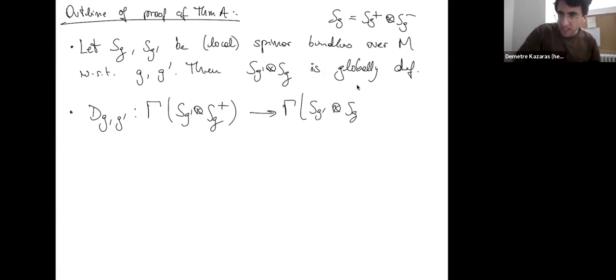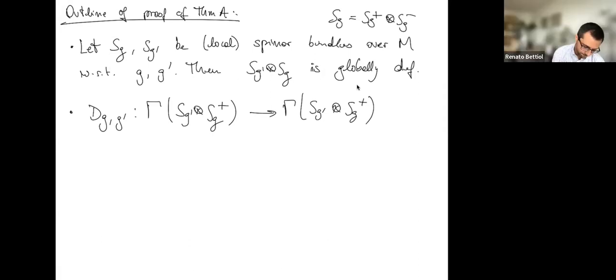Can you comment on this? Usually when you take this tensor product or something like it, you get a bundle of differential forms. Is there any relation to the usual one? Right.